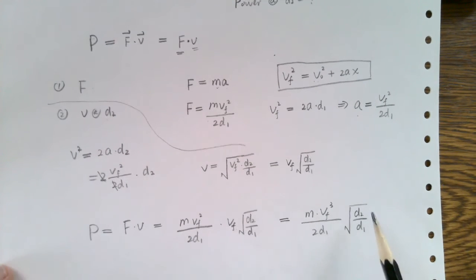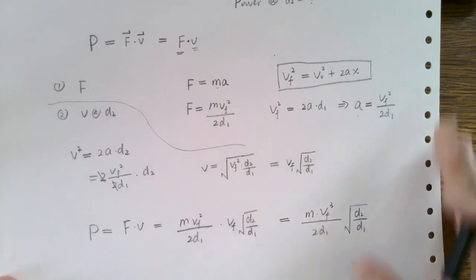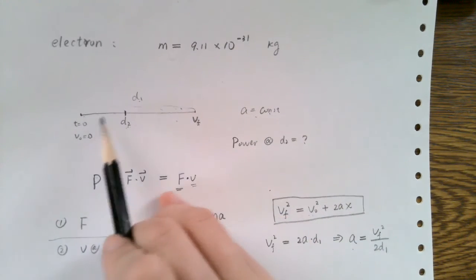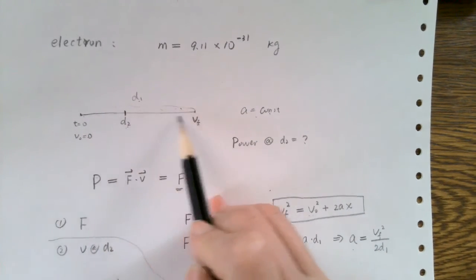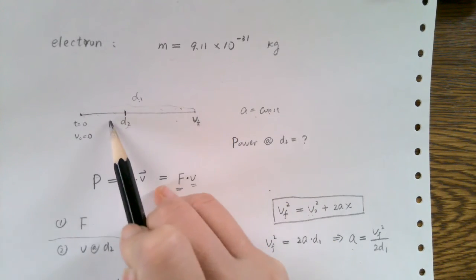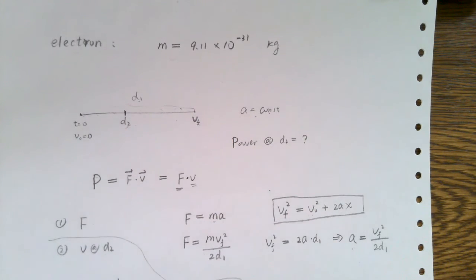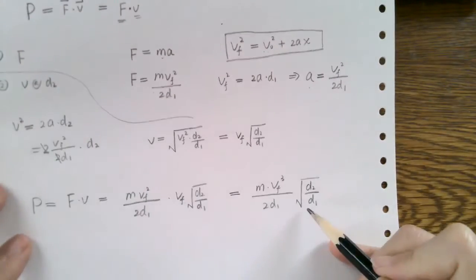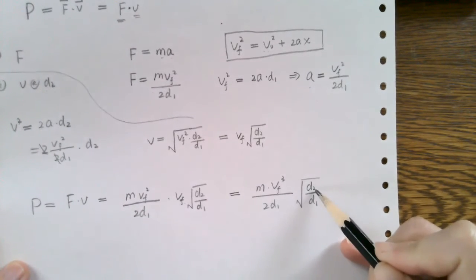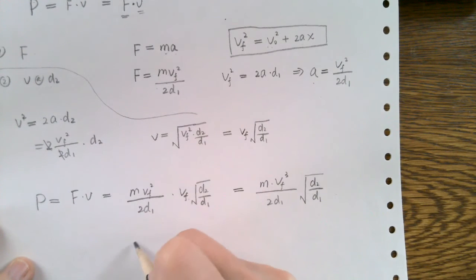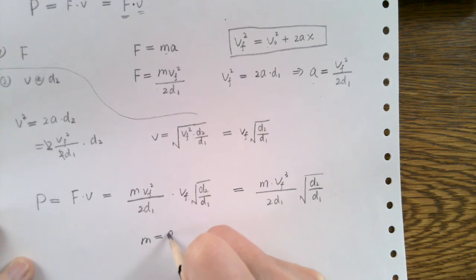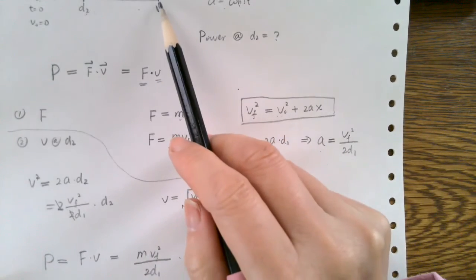So what do we know? We know d1 is fixed. Vf is fixed at any intermediate position. When d2 takes value from 0 to d1, I will be able to find out the instant power at any d2 value. So now, since we are given mass equals 9.11 times 10 to the negative 31 kilogram, and we know Vf, that is the velocity it reaches till the end of d1.